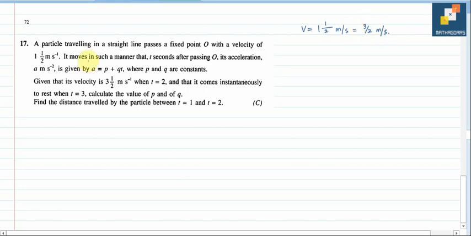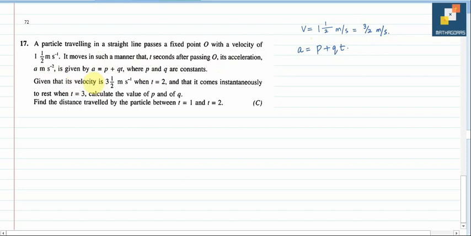It moves in such a manner that t seconds after passing O, its acceleration A is given by the expression p plus qt, where p and q are constants.